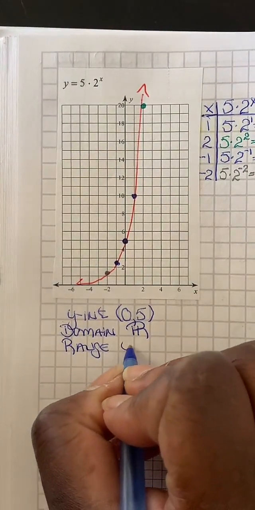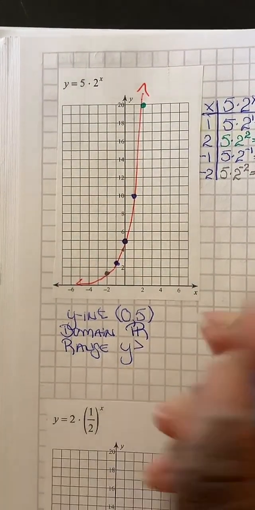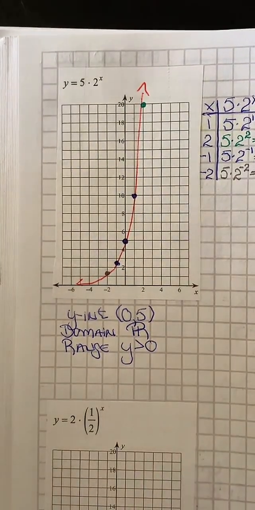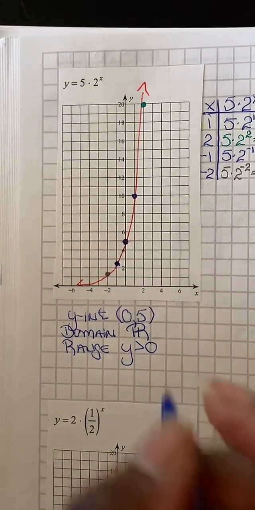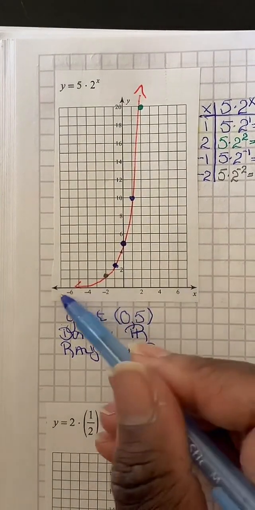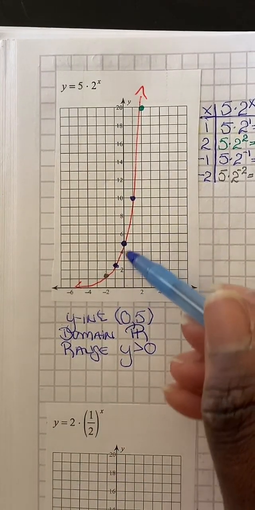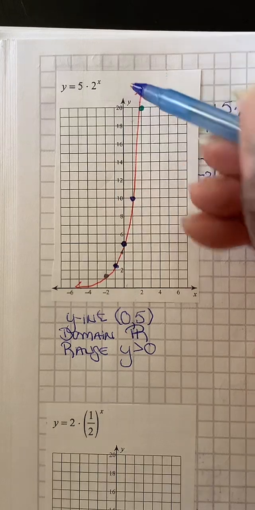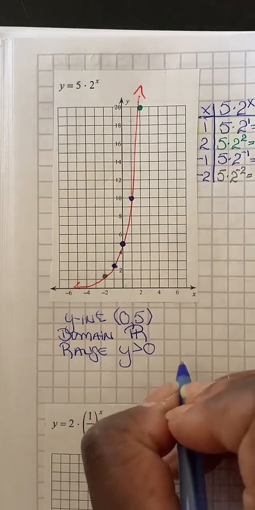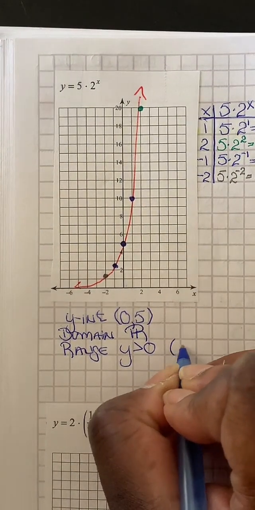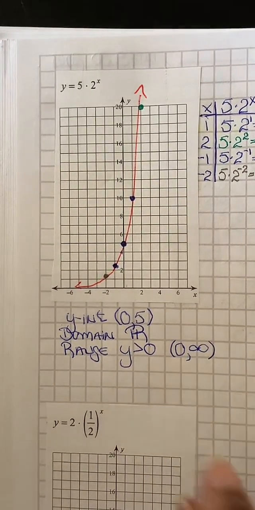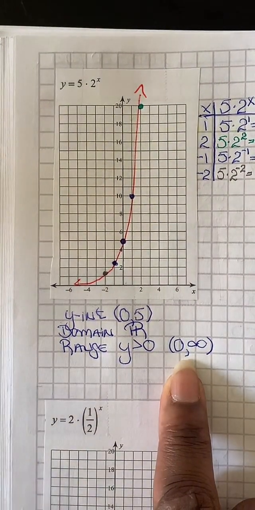So we're going to say that y is greater than 0, because it's going upwards. If I wanted to put it as interval notation, my lowest number is 0 and my highest number is positive infinity, because it keeps going up. Since it can't equal 0, we have a parenthesis, and there's always a parenthesis with the inequality.